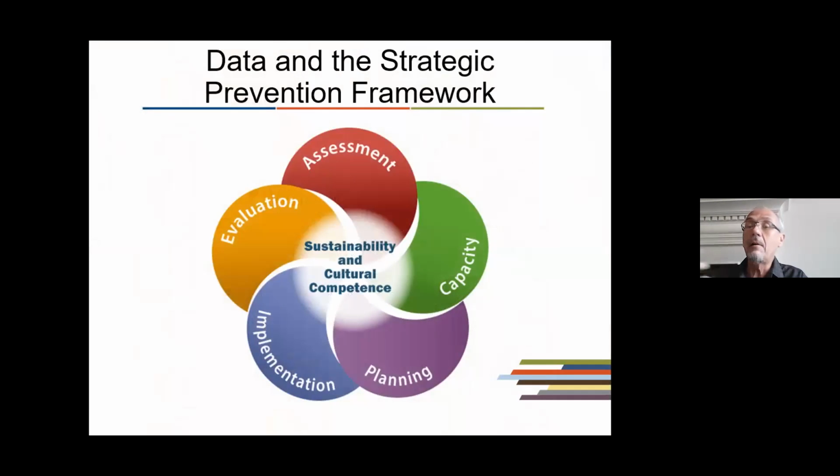So everybody should be familiar with the SPF, the Strategic Prevention Framework. There are 5 components of the SPF. Realize I didn't say steps. I said components of the SPF. And it's important to understand that this is not necessarily a purely linear planning model, but we do typically start at the assessment approach.